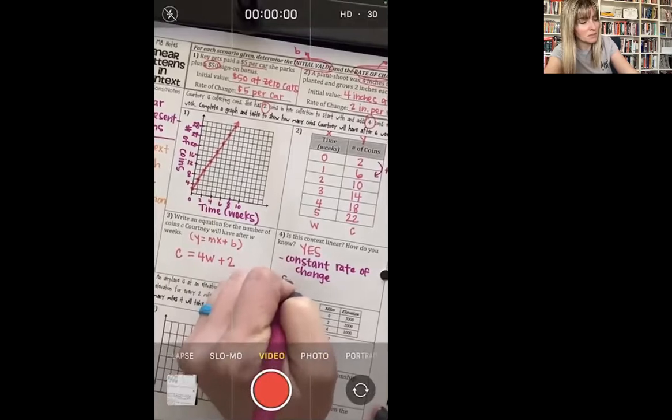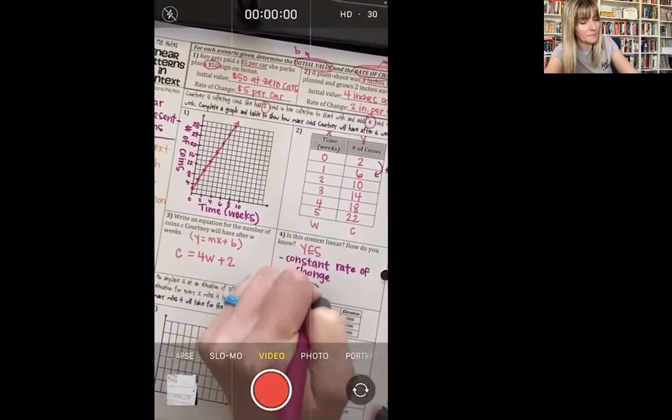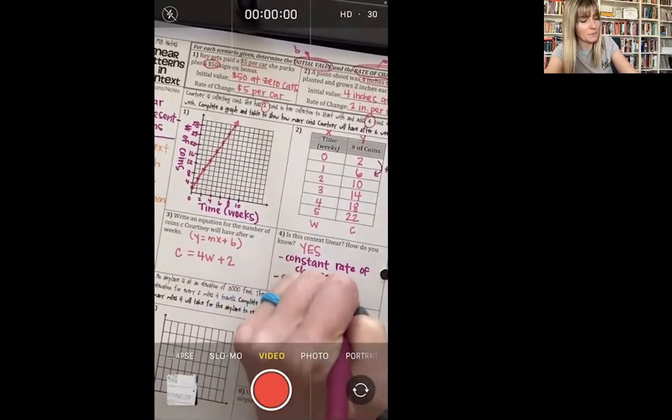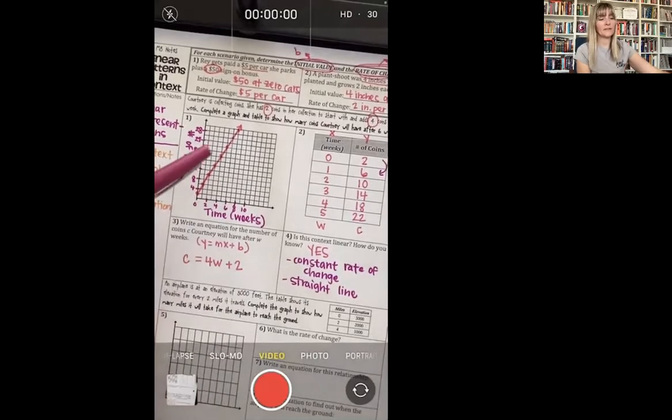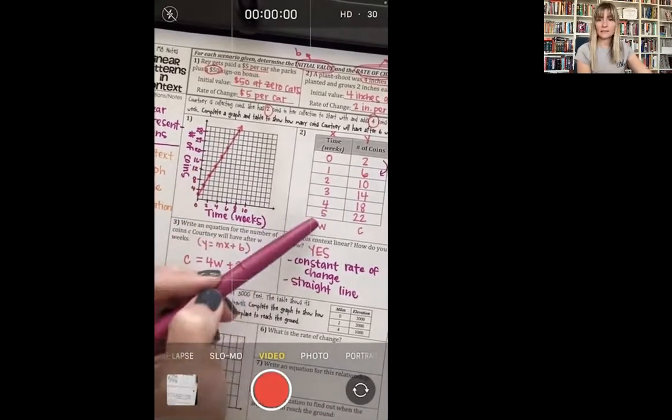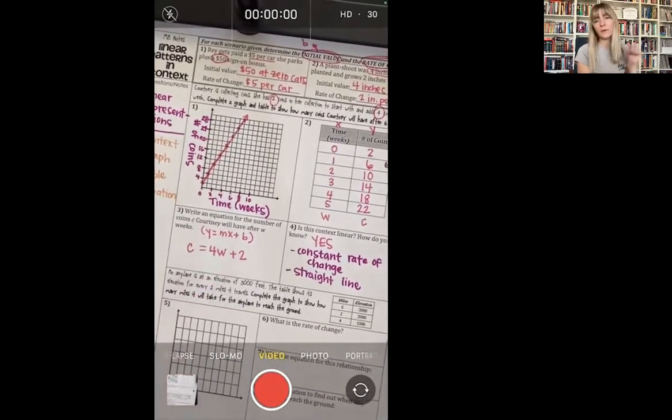We can also see that the graph makes a straight line. And having all these different representations just verifies that all of this goes together. Every single representation verifies that we have linear. We have a straight line with a constant slope. We have a constant adding pattern in the table, and our equation fits the format y equals mx plus b.